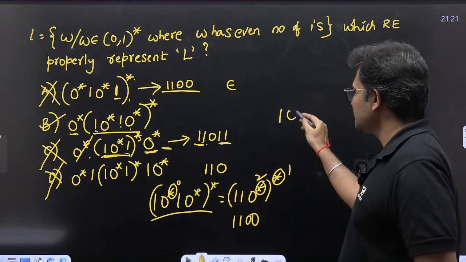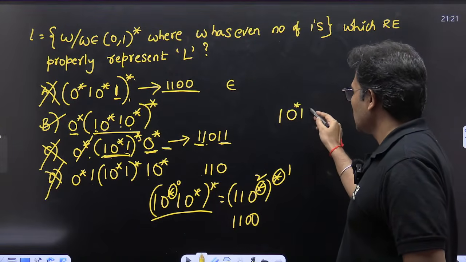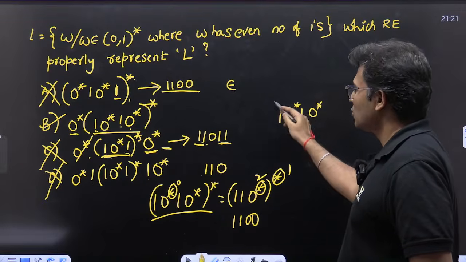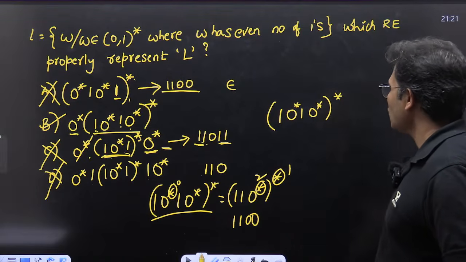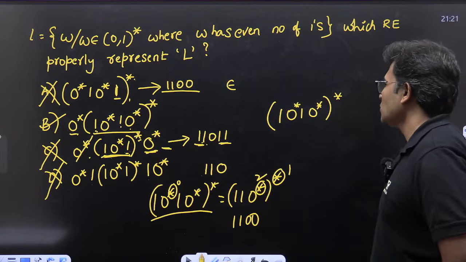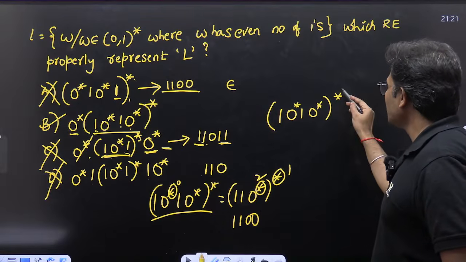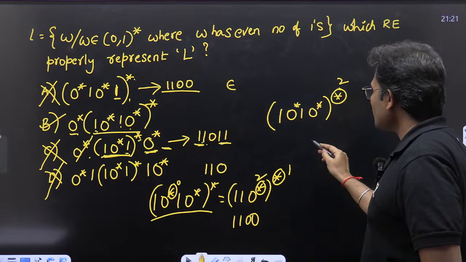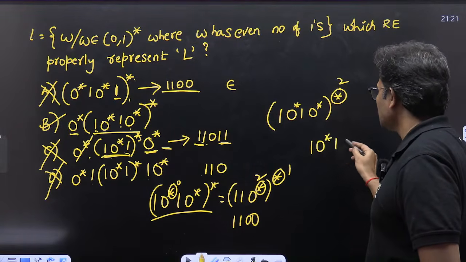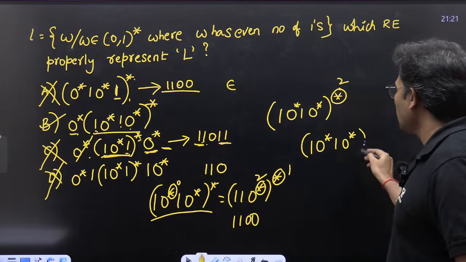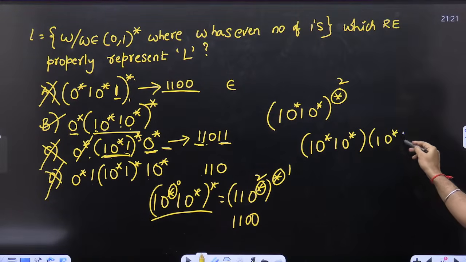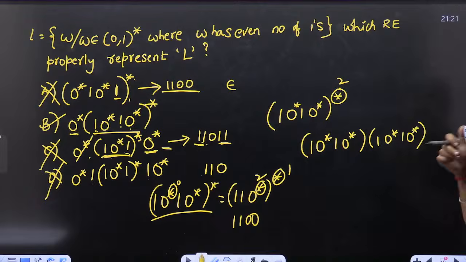So 1, 0 star, 1, 0 star, whole star is there. I want 1, 1, 0, 0. So I will put a 2 here. What do I get? 1, 0 star, 1, 0 star, followed by 1, 0 star, 1, 0 star, right?